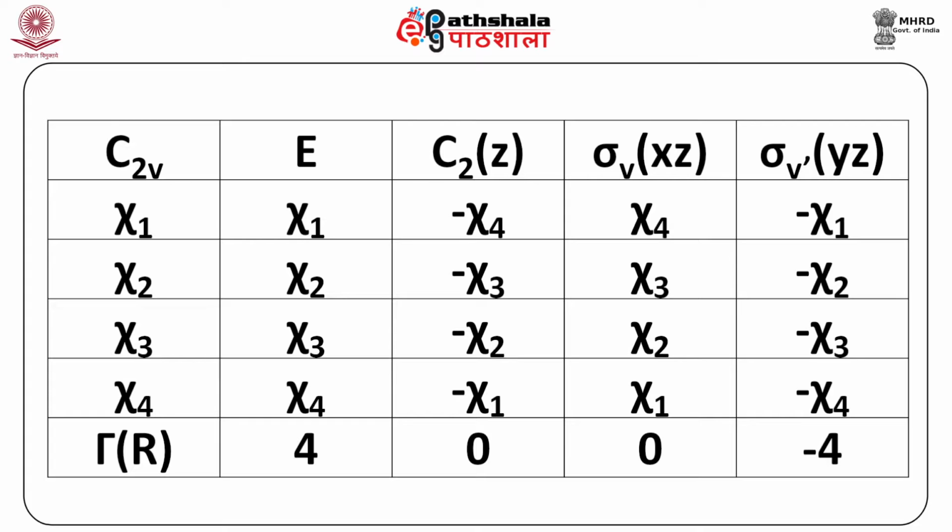So it changes sign and also exchanges position with chi4. Sigma xz gives chi4, and sigma yz will also give minus chi1. So when you add up all these, the reducible representation is 4 for E, 0 for C2, 0 for sigma xz and minus 4 for sigma yz, where it is a reflection in the plane. So all the orbitals change sign but do not change their position.